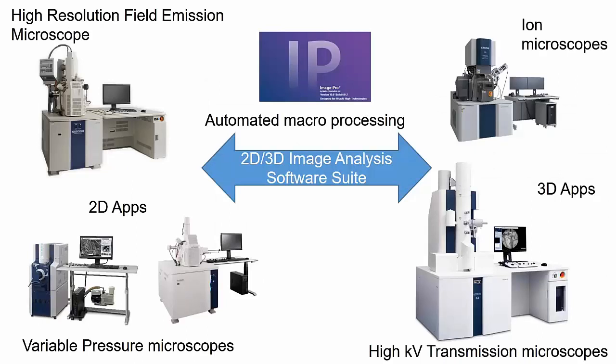The fact remains that with ImagePro and Hitachi, there are numerous different applications, more than what we can show you now. It's really just to highlight the capability of bringing these 2 technologies together. Whether you have a variable pressure SEM, a field emission SEM, a FIB-SEM, or even a TEM type of microscope, all of these are auto-calibrated and can interface with ImagePro.